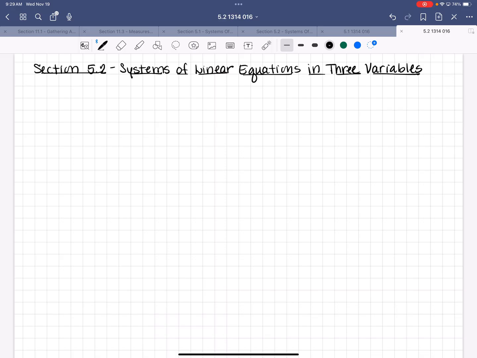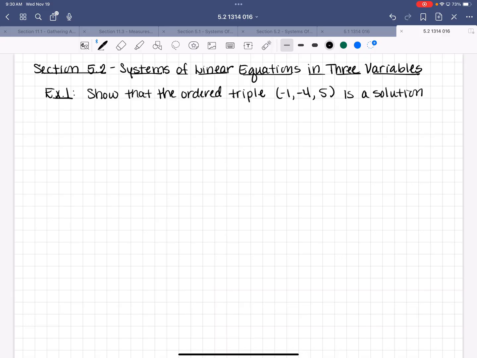Okay, example 1 says, show that the ordered triple -1, -4, 5 is a solution of the system.